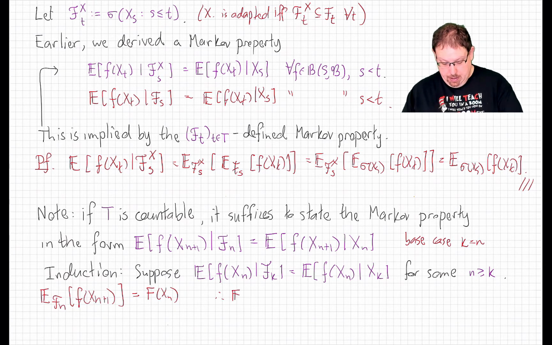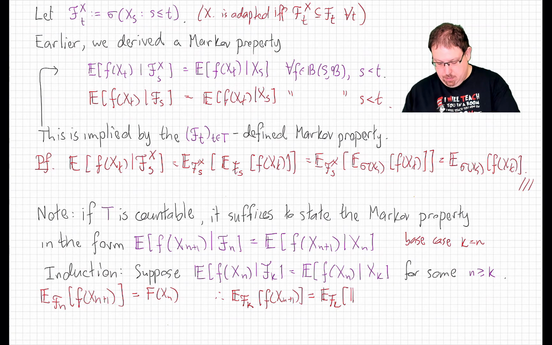Therefore, if I try to condition on the sigma field at time k, this function of Xn plus 1, I can use the tower property because Fk is contained in Fn, being a filtration and all. Now we just finished showing that this inside here is a function of Xn. So this gives me the conditional expectation onto Fk of f at Xn.